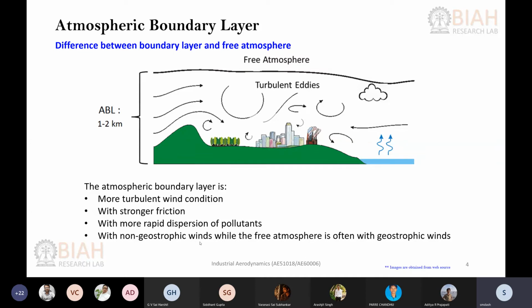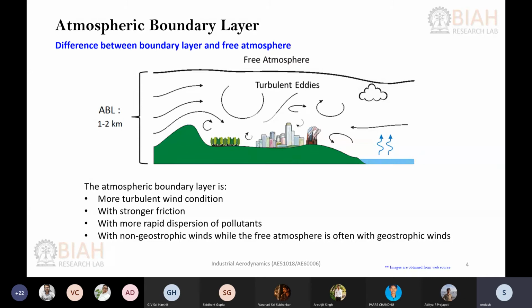Another thing is that there is no geostrophic wind, as I have already discussed, because you cannot get a balance between the pressure gradient force and the Coriolis force in the atmospheric boundary layer. Rather, in the boundary layer the wind tries to curl towards the low pressure region. If you remember, we talked about the Ekman spiral in the previous chapter.